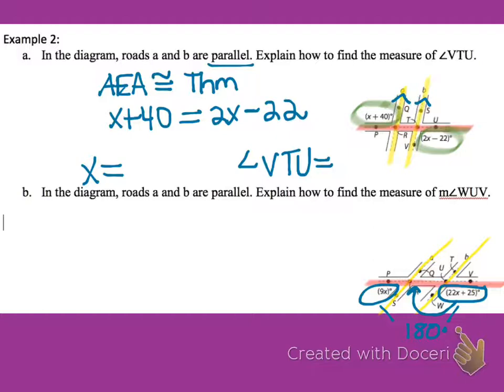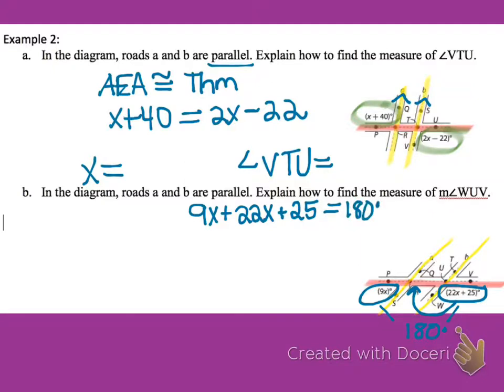And then because these angles right next to each other make a linear pair, they have to add up to 180. And so there's just a clear logical connection there to make this claim that these two angles add up to 180 degrees, or are supplementary. So I could say 9x plus 22x plus 25 equals 180 degrees together.